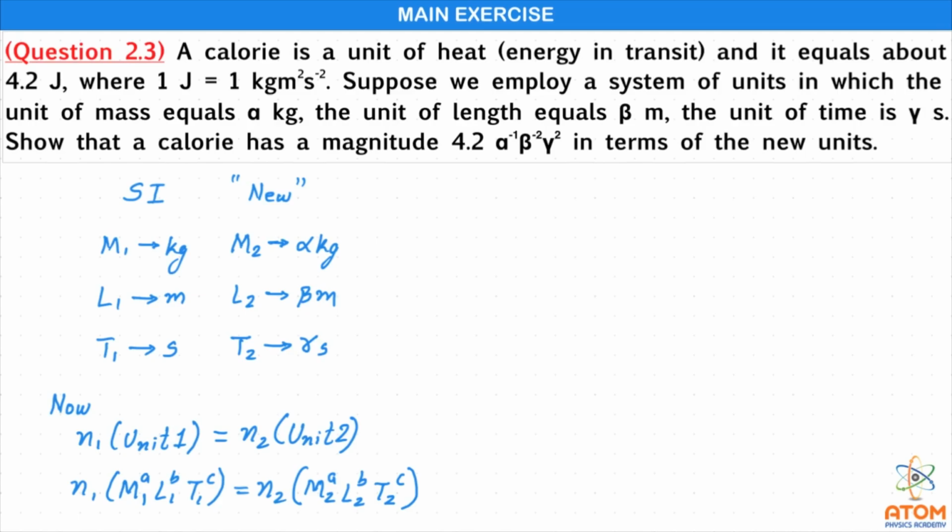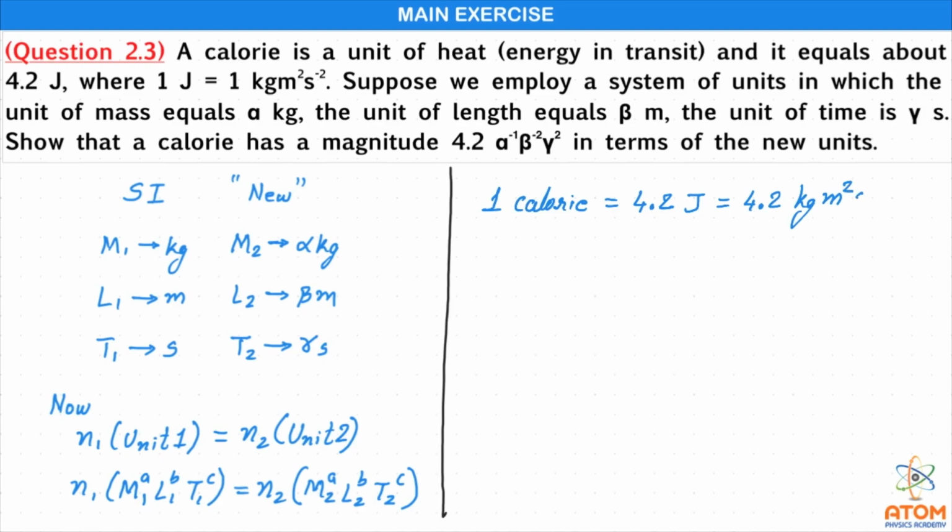Now let us move forward. Here we are discussing about calorie. Now 1 calorie is already said that it is 4.2 joule, but joule is again kilogram meter square second inverse square. So I can write it is 4.2 kilogram meter square second inverse square. Now I can put this in form of dimension formula.